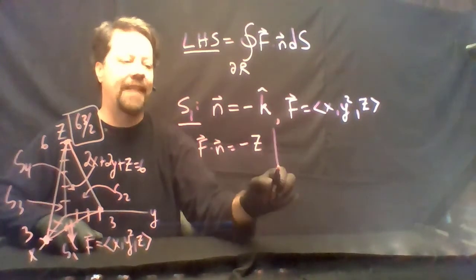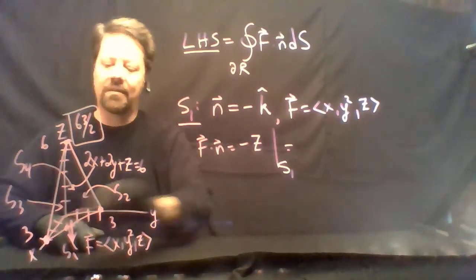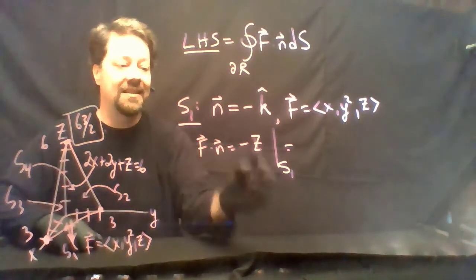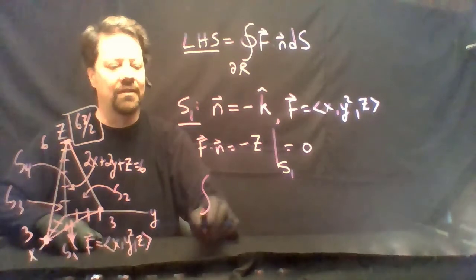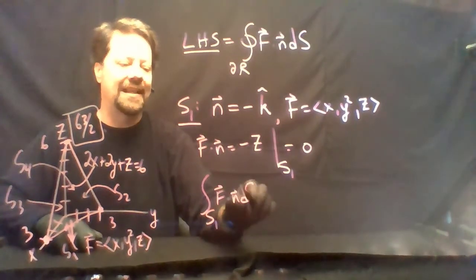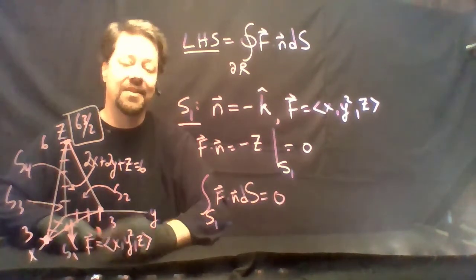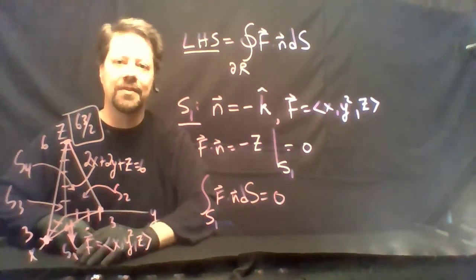And if we evaluate on surface 1, all the way across surface 1, z is 0. That means that the integral on surface 1, f dot n ds, is 0. There is no flux across that lower surface, surface 1.